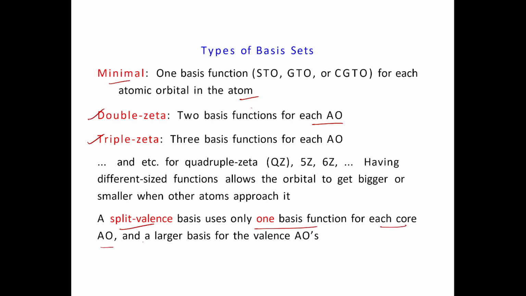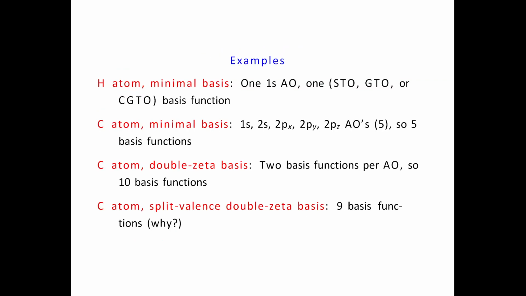For example, in 6-31G, for the core orbital, I think it has been taught that you use only one type of contracted Gaussian type orbital, or STO, and a larger basis, or two types of functions, for the valence one. That is called the split valence. For example, the H atom, one s AO, you use one basis function.